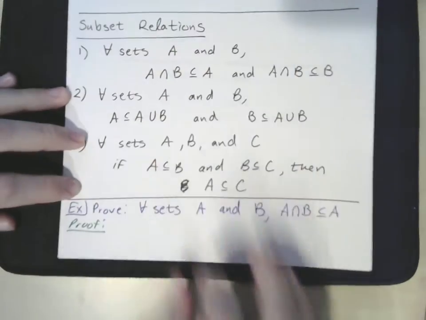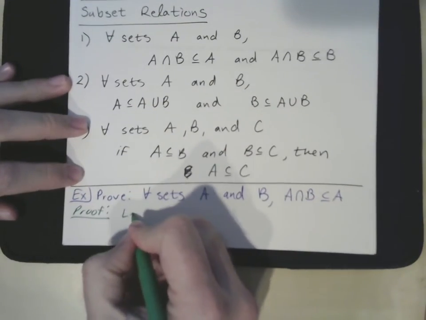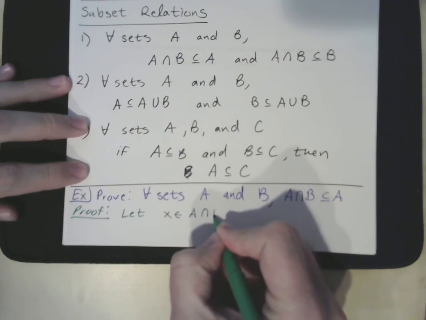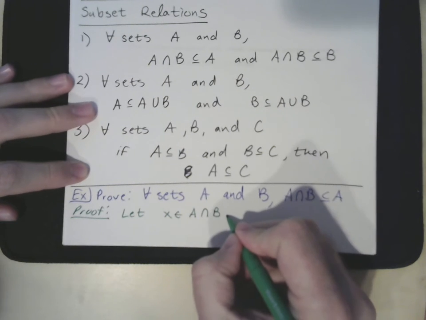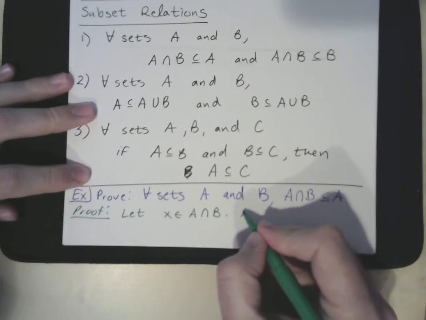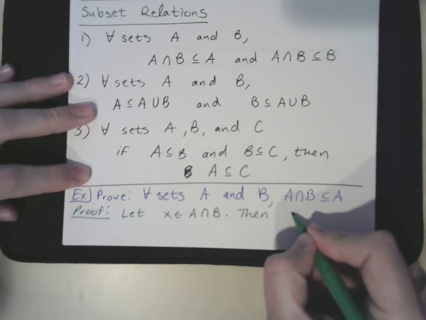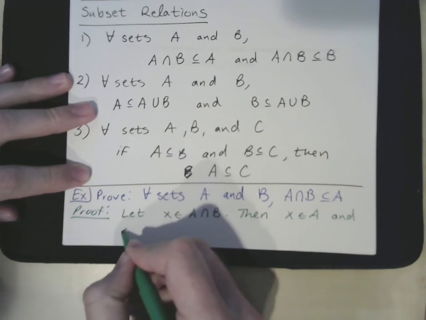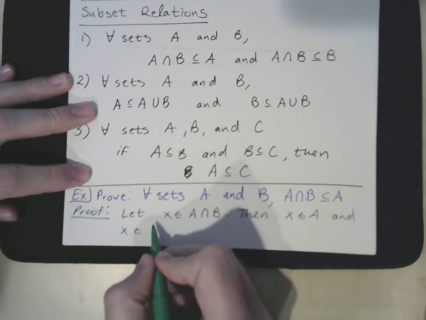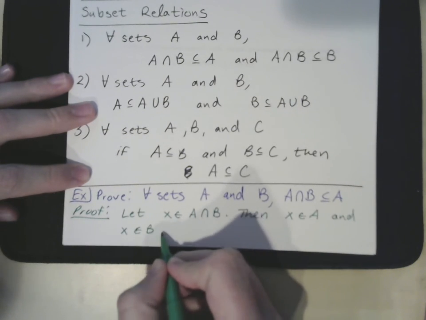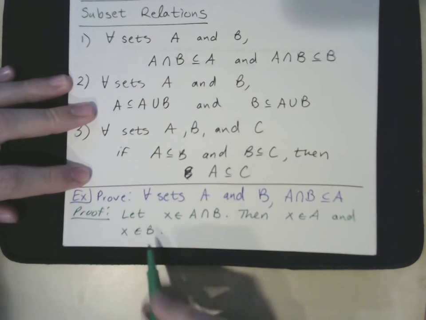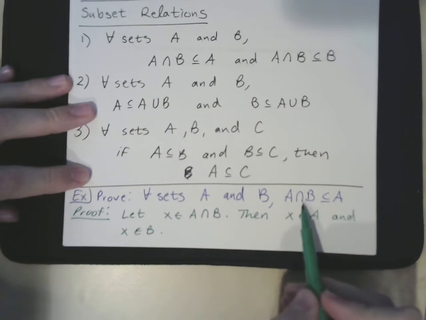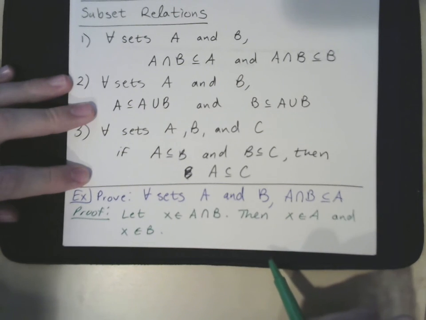So the first thing we're going to do, let X be an element of A intersect B. So by definition, then X is an element of A and X is an element of B. Well, we're using our specialization because our intersection is our conjunction.